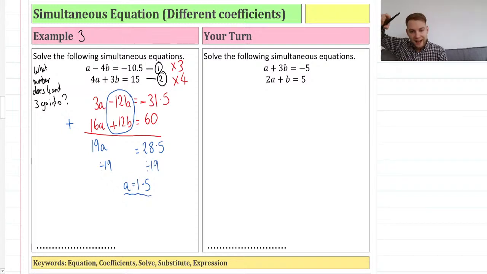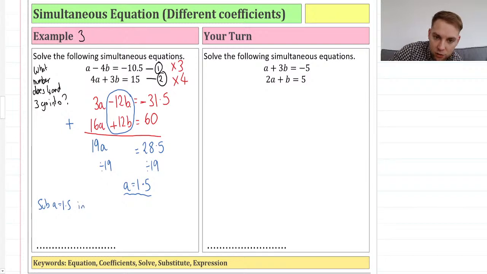Now remember, to find out what B is, I need to substitute that back into my original equation. So we sub A equals 1.5 into equation 1 to find B. So equation 1 is this: A minus 4B is equal to negative 10.5.